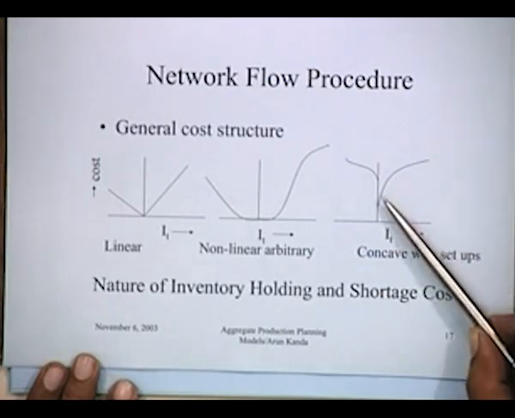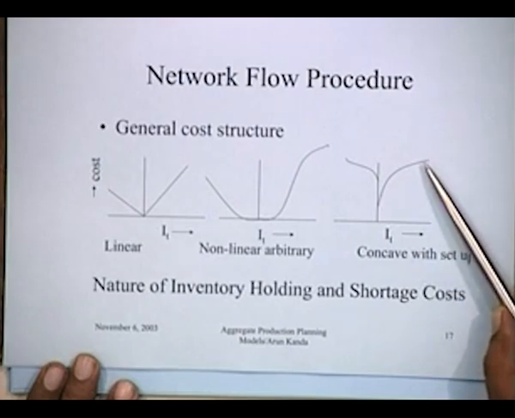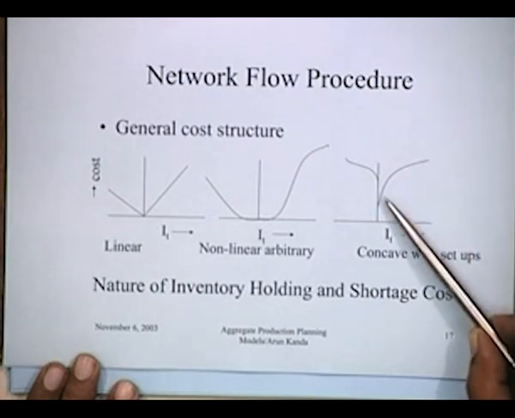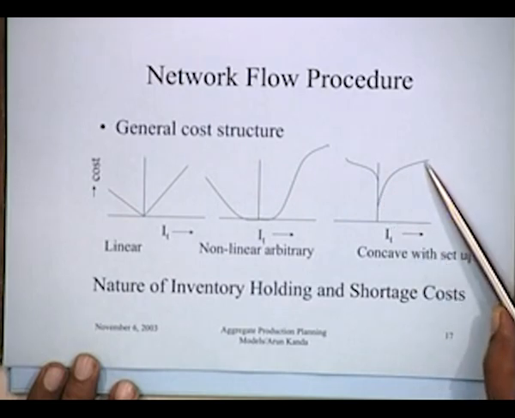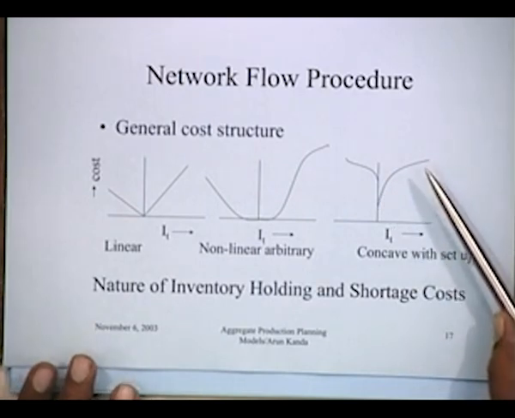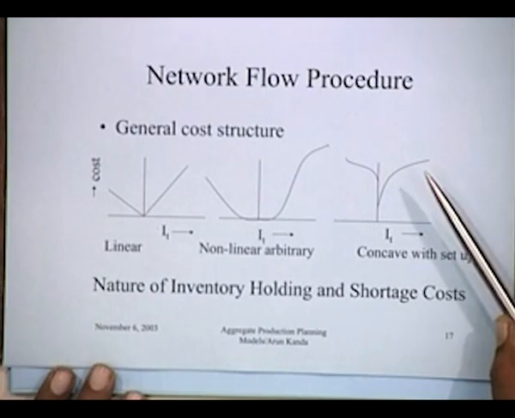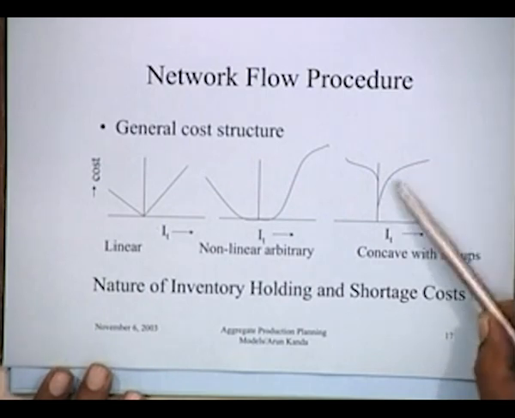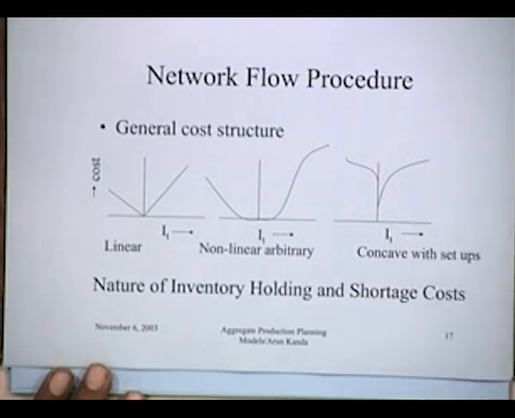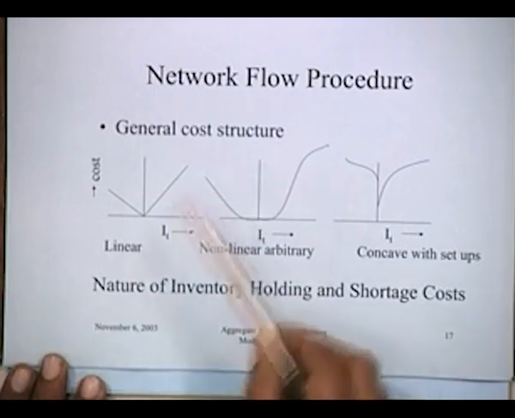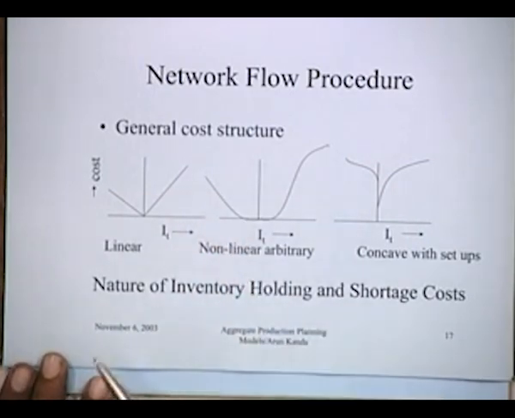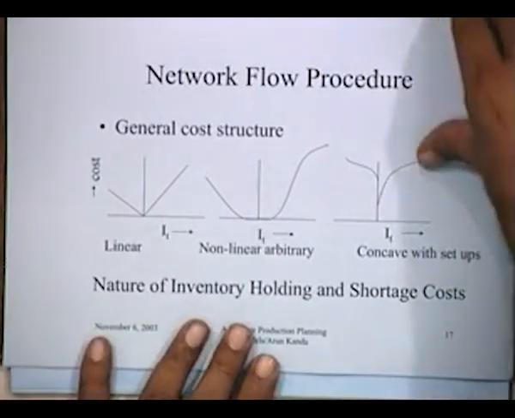See, economies of scale are that the slope of this line will be the cost per unit. So initial pieces are, let's say, costly to produce. As you produce in larger quantities, cost per piece is small, so the advantage of mass production in that sense. So the cost function will be like this, concave with setups. So we shall now consider how we can solve this problem of aggregate production planning with arbitrary costs. They can be concave with setups or non-linear or even linear for that matter. How do we do this?